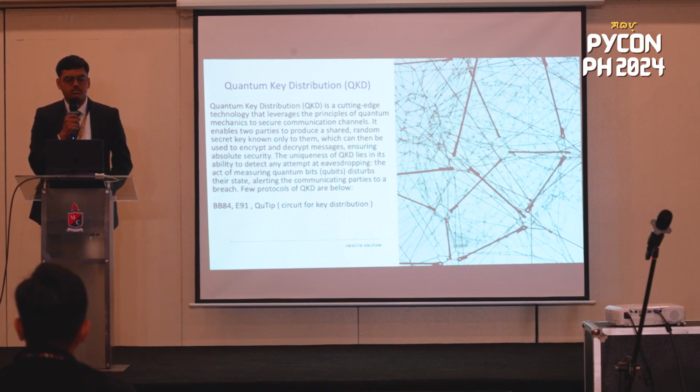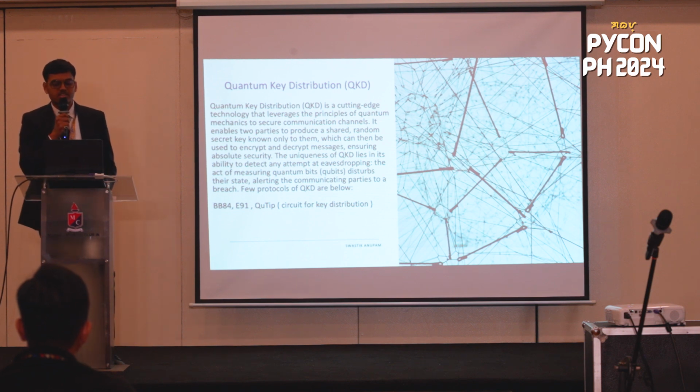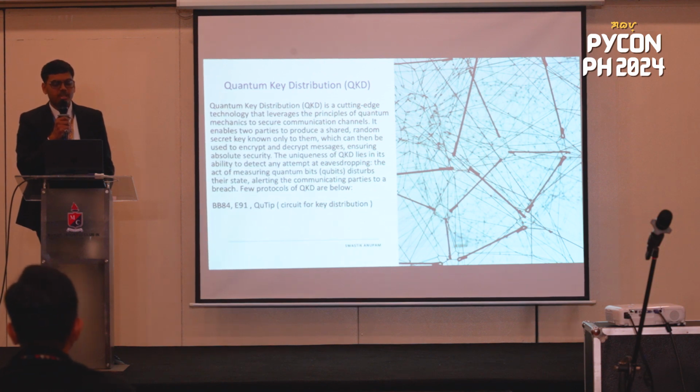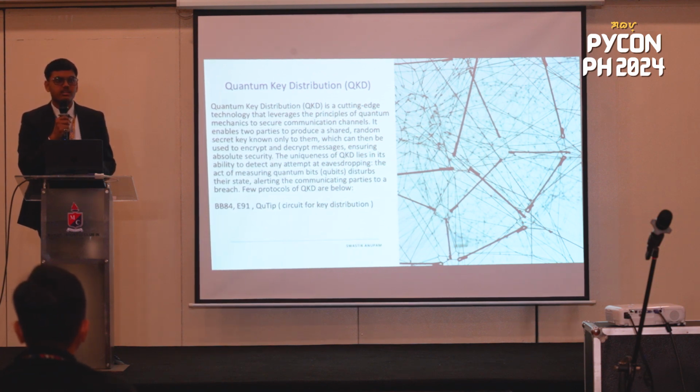Then we have the E91 protocol, an older protocol which is susceptible to quantum cryptography. And after that, we have QTIP. Basically, it's a library, a framework which is used to design circuits for quantum key distribution.